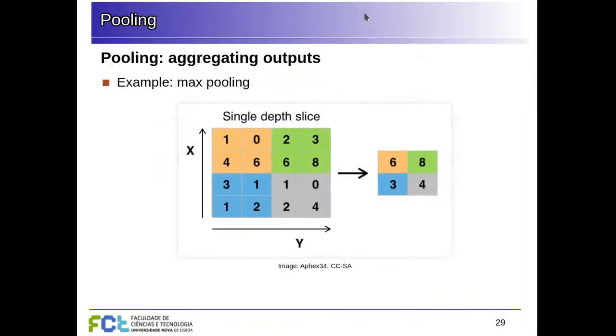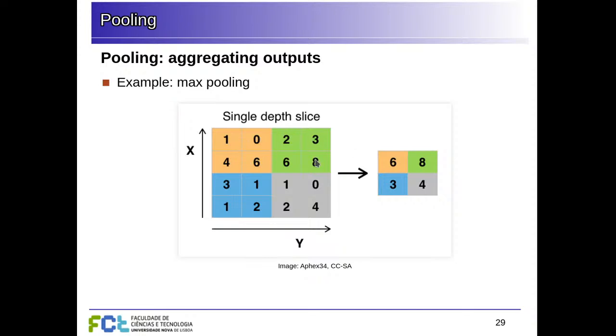So the idea of pooling is to use some aggregation function that can reduce the size of the map that we're using. For example, with max pooling, we take a region, we take the maximum value, and that is the one that we keep.